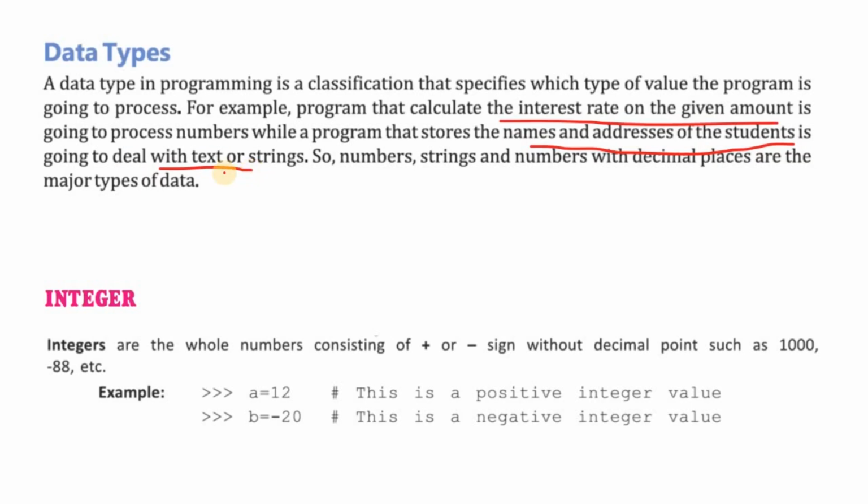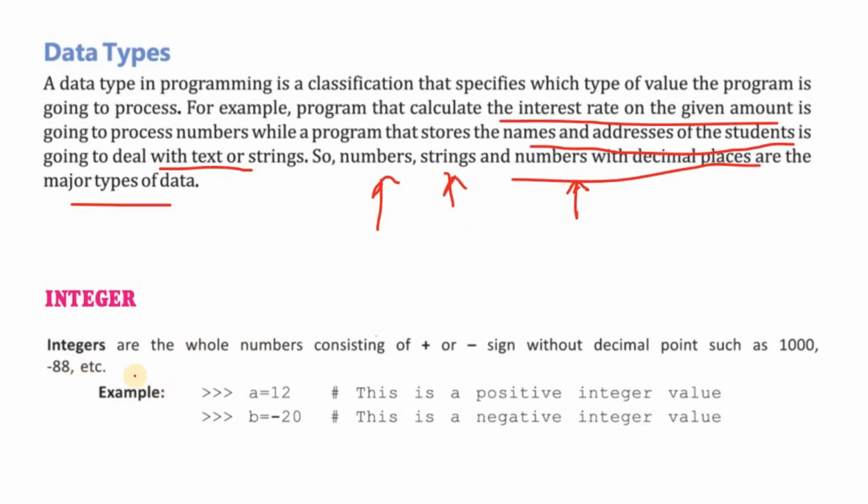So whether you are going to use numbers or strings, it depends. Numbers, strings and numbers with decimal places are the major types of data. There are even more, but right now we will talk about these 3.